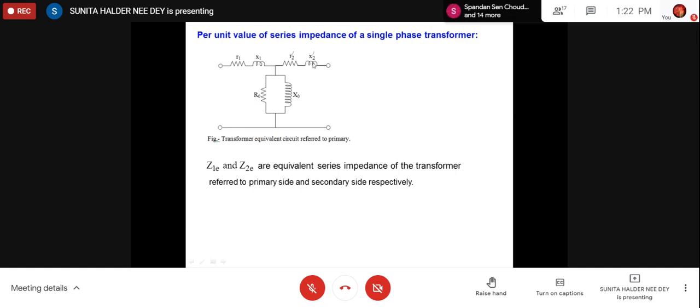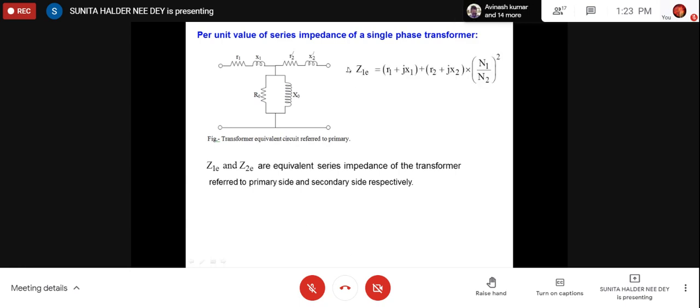Now this property of the transformer equivalent circuit may be easily handled if we use the per unit system. In the per unit system, if it is not mentioned, we always calculate per unit quantities based on the apparatus's own rating. For a transformer, its own rating is in terms of kVA and volt. So on the primary side, base quantities will be its primary voltage and its kVA rating. On the secondary side, base quantities will be its secondary voltage and the kVA rating.